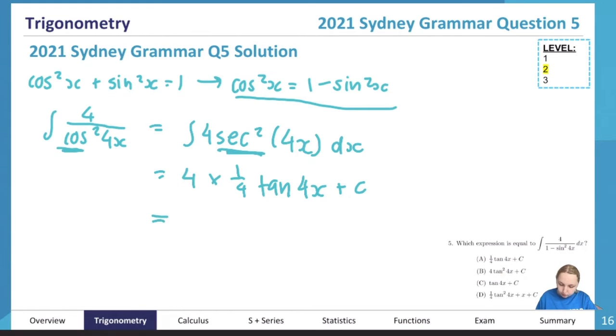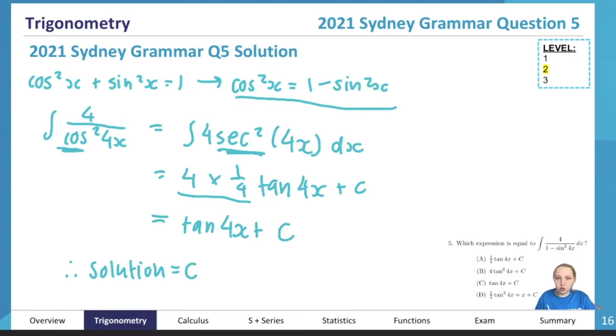Then when we multiply these two things together, we're going to end up with just tan 4x plus c. So therefore, our solution to this question is going to be the answer C. Okay, so we can say this one here is going to be our solution.